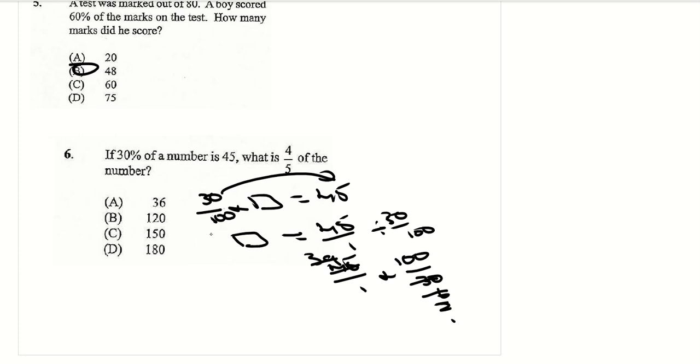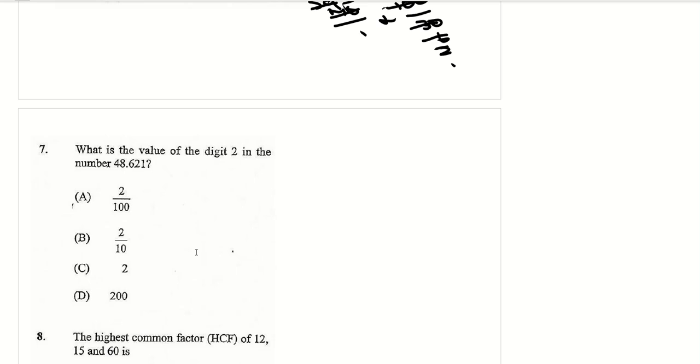So that's 150. Now 4/5 of 150. I believe the answer is 120. We have been doing this a few times, right? 5 into 5, 1. 5 into 150 is 30. 30 by 4 is 120. So the answer for this question is B.